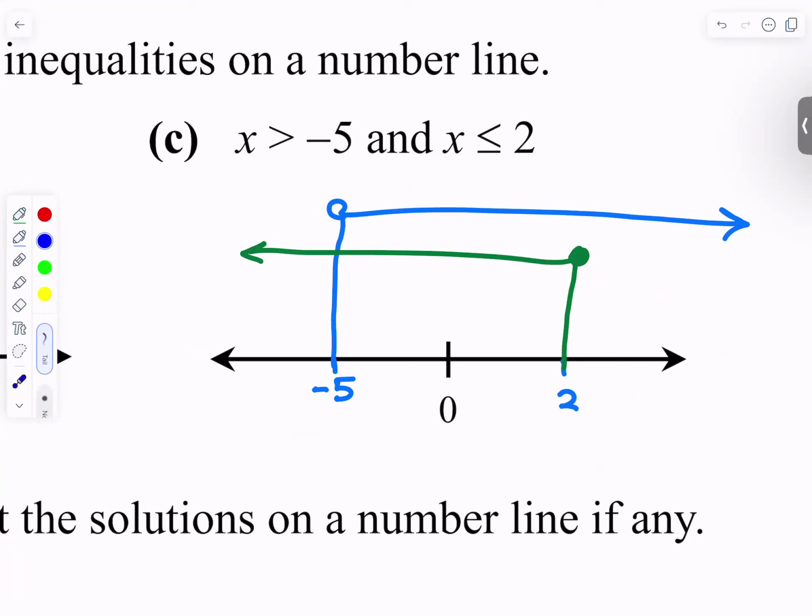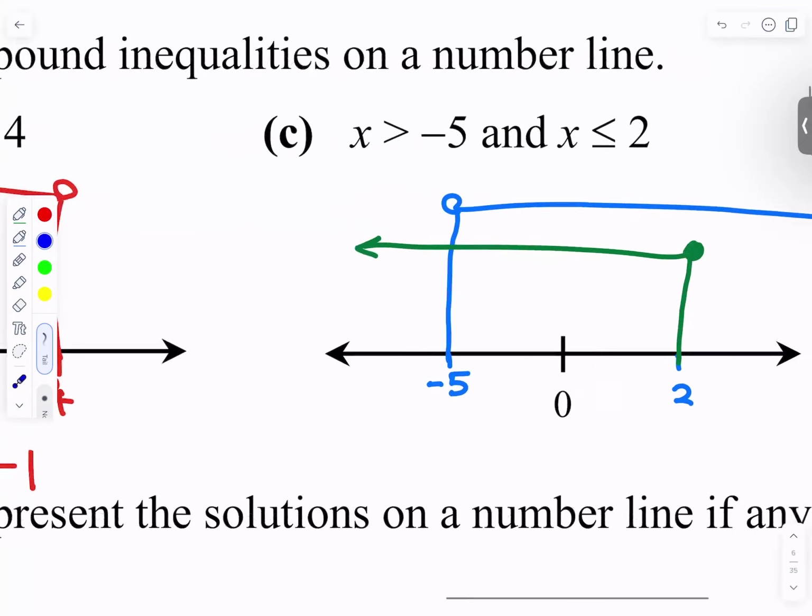Which one do I choose then? Do I choose -5 or 2? Where are they together? Are they together here? No, it's just a single line. I can't choose this green one because here it gets alone. How about here? This blue one gets alone here, so I also can't choose the -5.